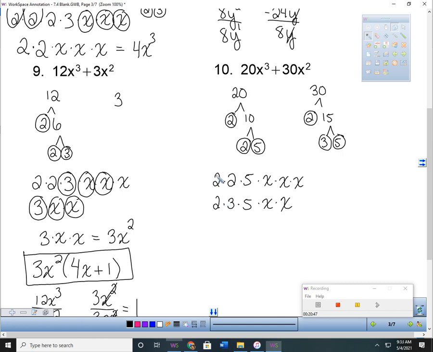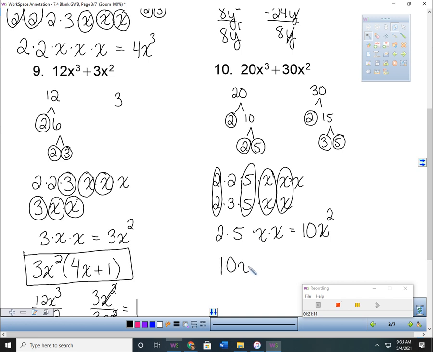So if I look at what I have in common, I have a 2, a 5, and 2 x's. That gives me 10x to the second. So that's my greatest common factor. I'm going to factor that out.